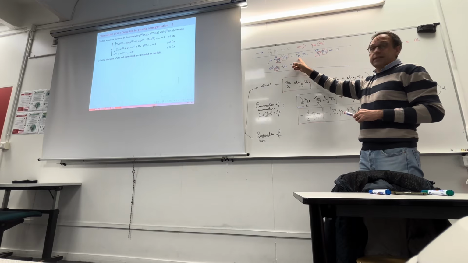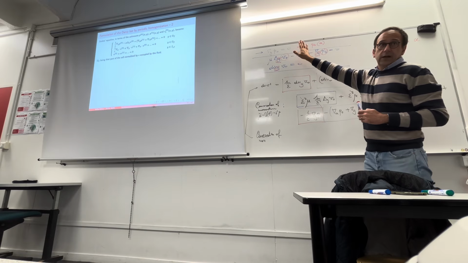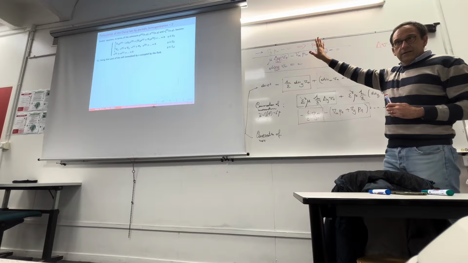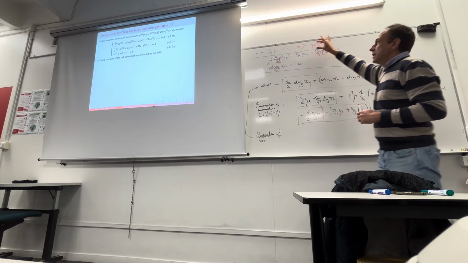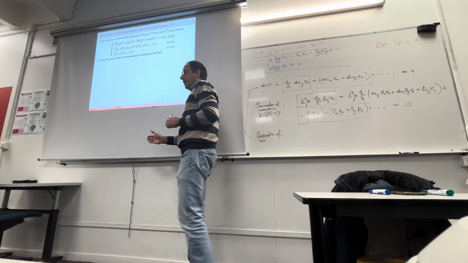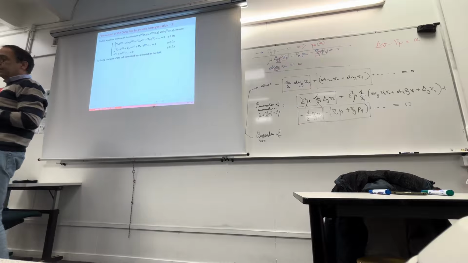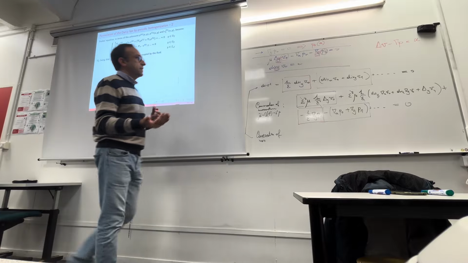You also have the gradient x of P naught, but you consider this object as your loading. So you have the first problem telling you P naught is a constant with respect to y. So it's a purely macroscopic quantity. It's just a function of x.